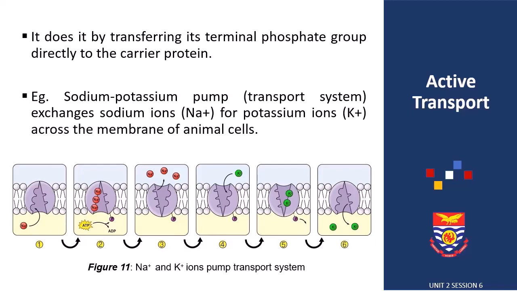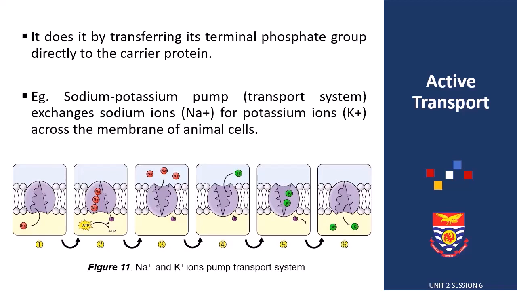In the cell, the sodium ion concentration is much higher in the cytoplasm as compared to the extracellular fluid. So ATP donates its terminal phosphate as demonstrated in figure 11.